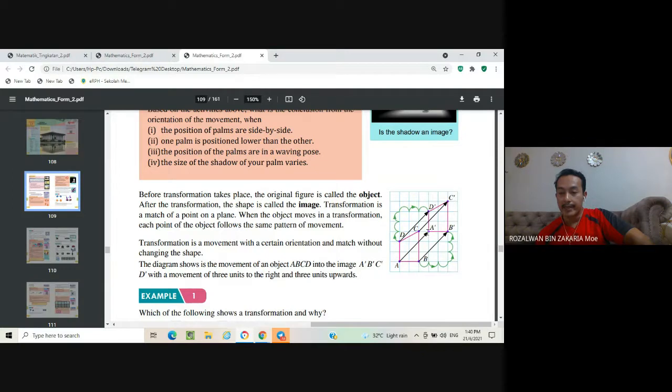Here you get the image of the point A, which is A prime.